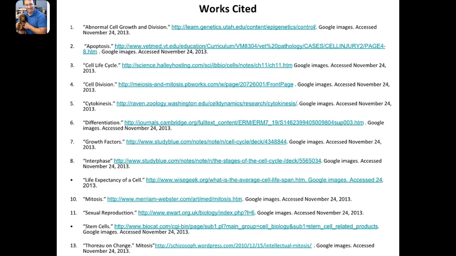Understand that there is a process called interphase, and interphase is where, looking at the overview of the cell cycle, the majority of the cycle takes place. There's a whole lot of growth and normal life that the cell goes through before any cell division takes place.